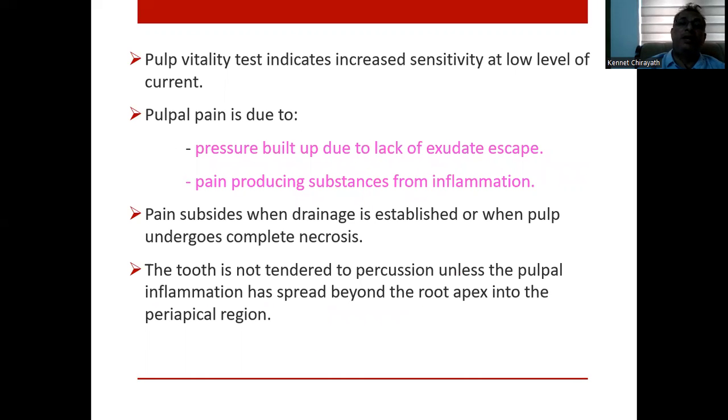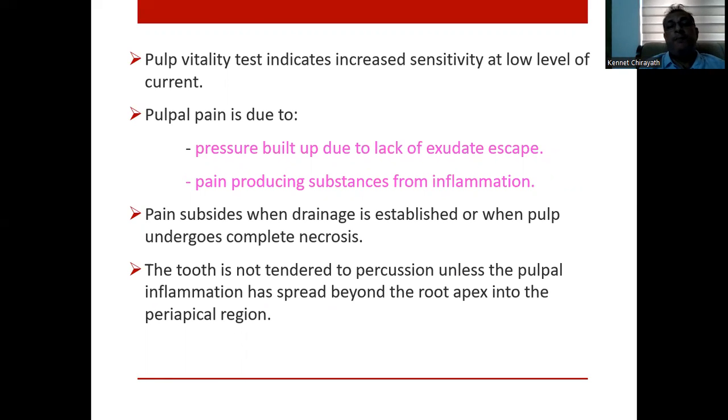Now comes pulpal vitality, which indicates increased sensitivity at a low level of current.